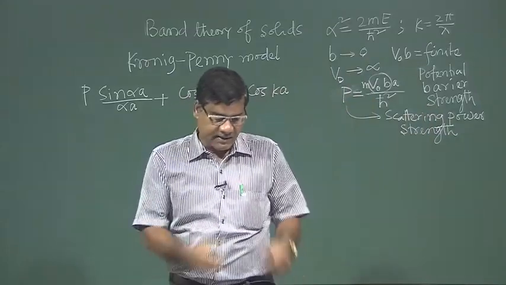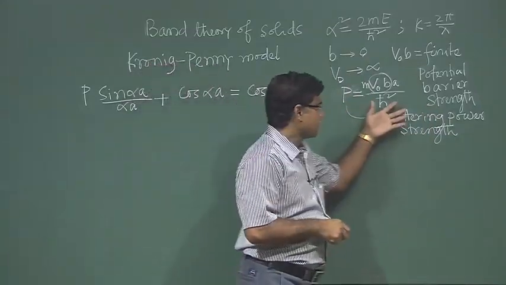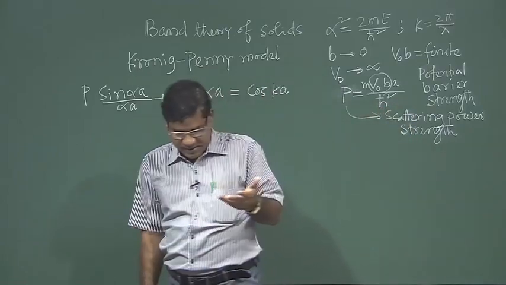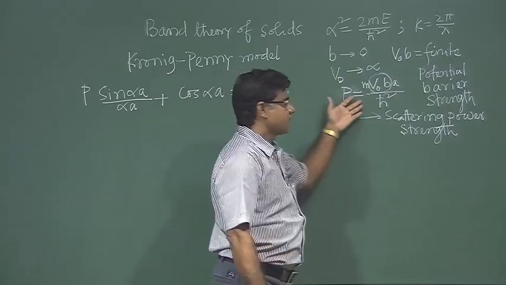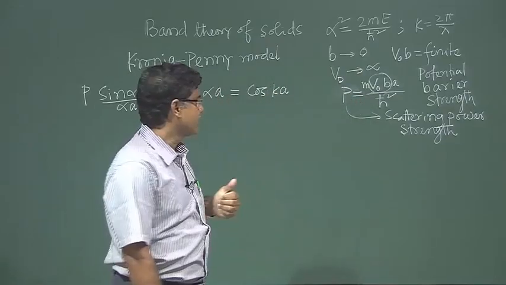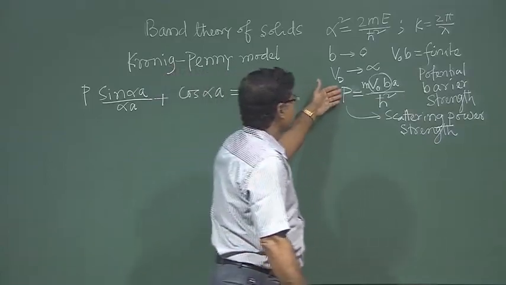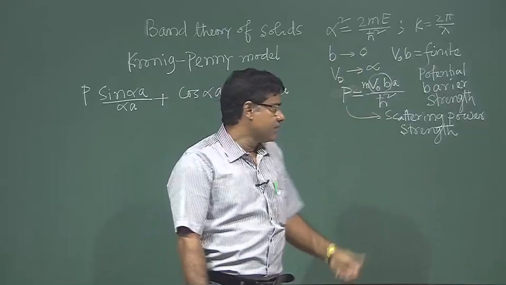So, basically electrons in a lattice, there are barriers. So, what is the possibility of getting scattered from this barrier? P is the measure of the scattering power of this barrier.